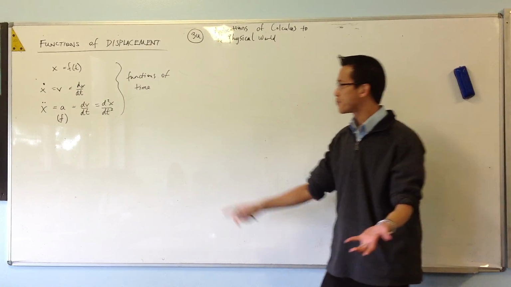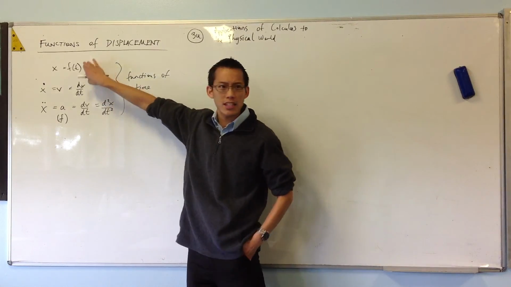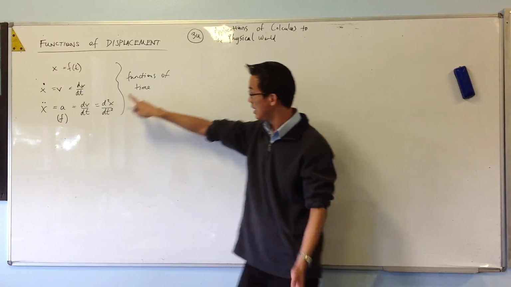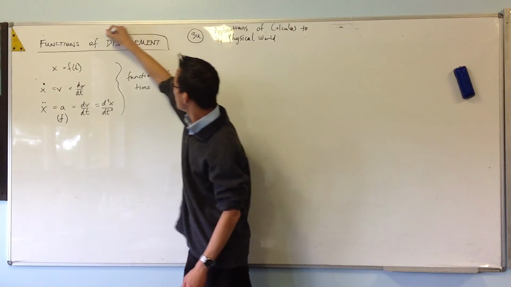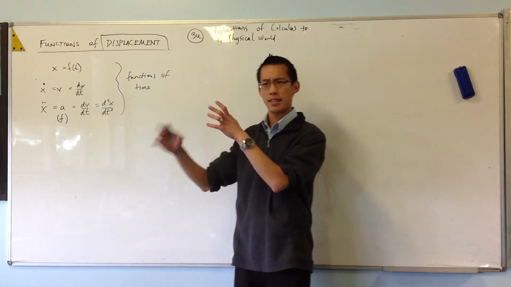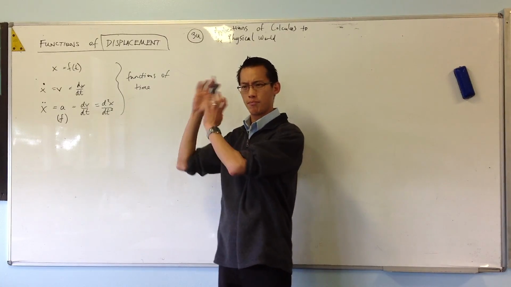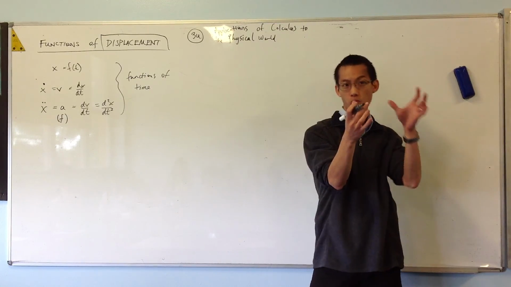In reality, a lot of the time, we don't know characteristics of motion in terms of time. Far more frequently, we know them in terms of displacement. So instead of knowing things about an object and how it's moving based on what time it is, we know them based on where it is.